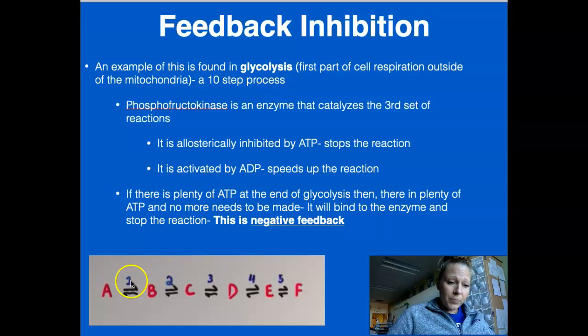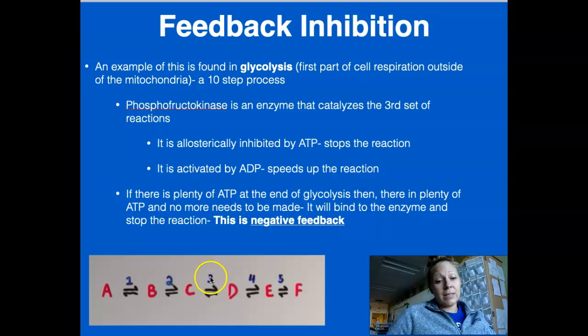Here, this would be the reactants and one set of enzymes, here's the reaction, and here's the products. Here's a second enzyme that's going to fuel the second set of reactions. Here's the third set of products.